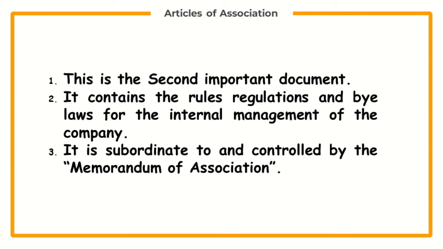Now, remember, you cannot put any rules and regulations in the articles of association. The rules and regulations must not be contrary to the provisions of the Companies Act. Every company may frame its own articles of association, or it may adopt Table F in the Companies Act. It's a pro forma articles of association. You can adopt Table F as your articles of association, or you can frame your own.